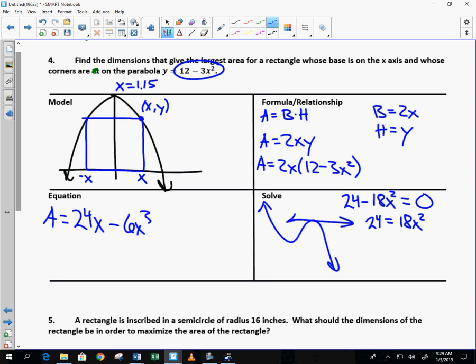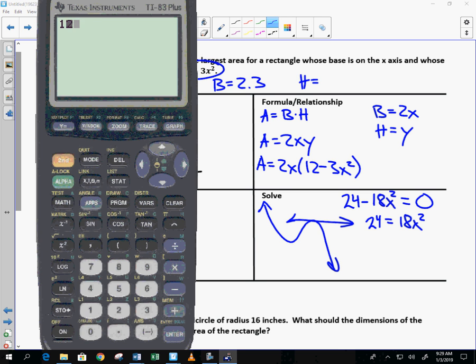Let's answer the question. What's the question asking for? So what's the base? 2.3 what? Oh, we don't have any labels, do we? So base is 2.3 and height is, how do I find the height? It's the same thing as y, so we go 12 minus 3 times 1.15 squared.